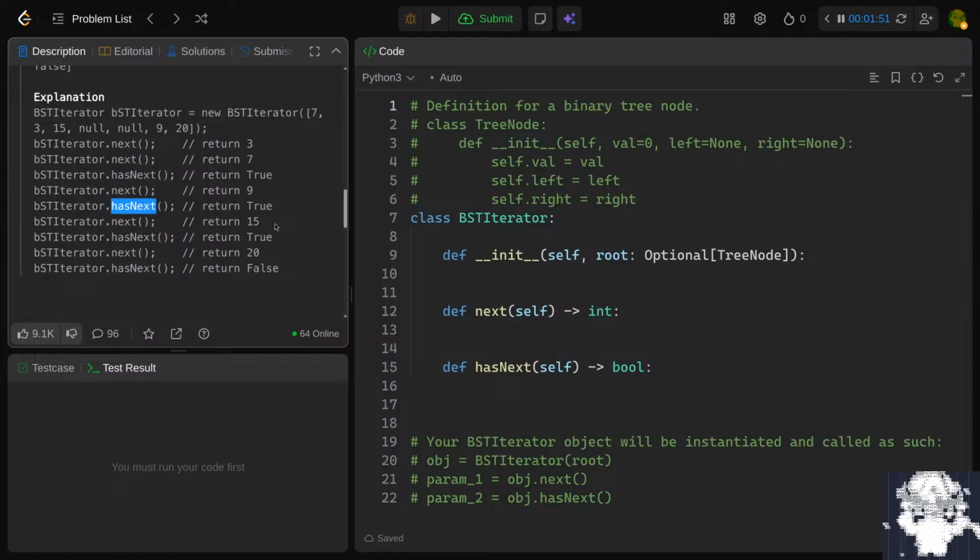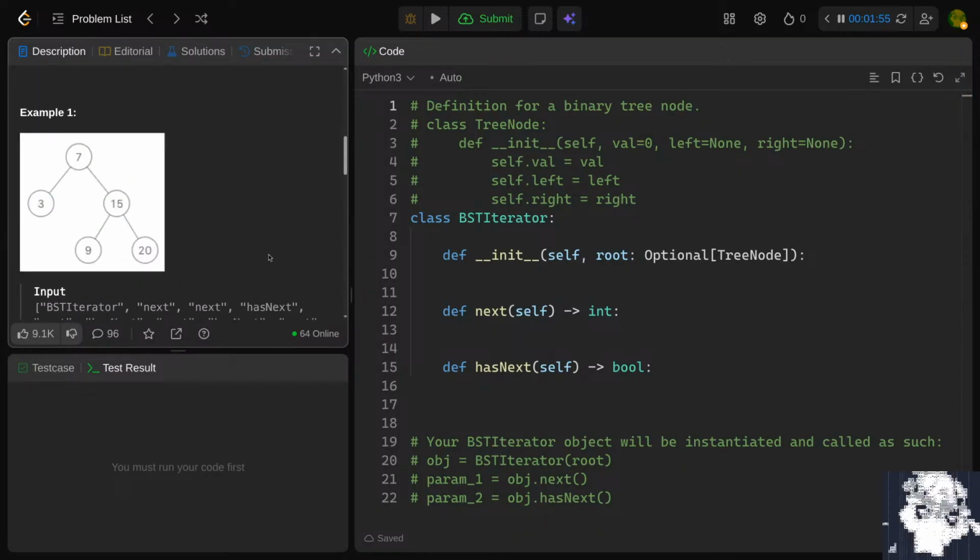So there's a way to kind of cheat in Python here, which is to use a built-in Python iterator. We could do a recursive traversal of the tree, and then just yield from the tree, from the iterator.